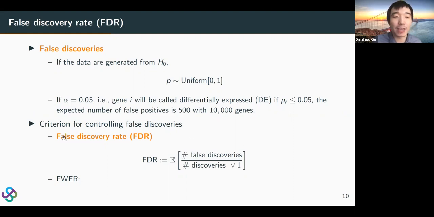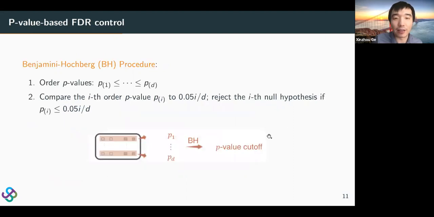So by controlling the false discovery rate, we want to make sure that when we make some discoveries, even though we may make some false discoveries, the proportion of those false discoveries is smaller than a predefined threshold, for example, 0.05.